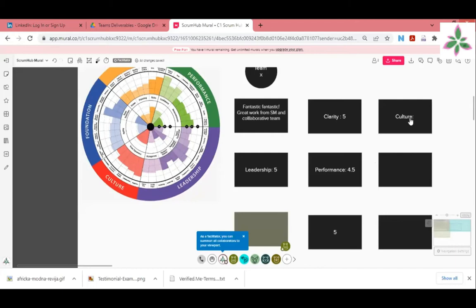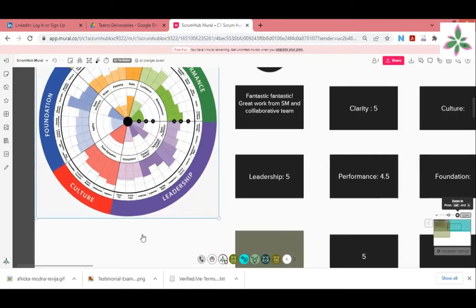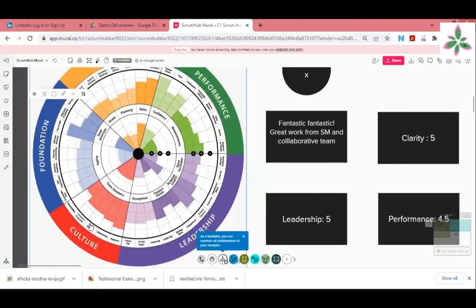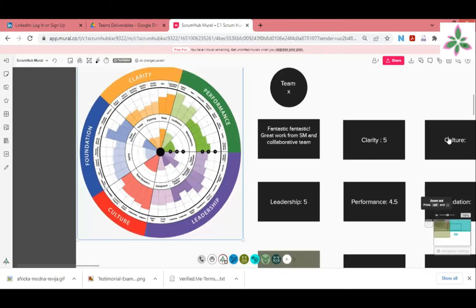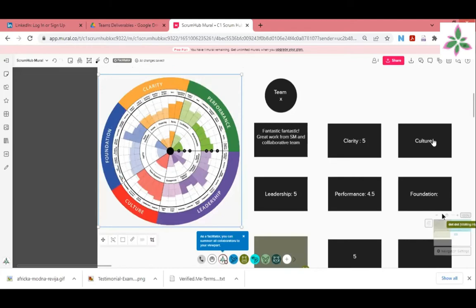This is the one for culture, and then this is the one for foundation. What does culture mean? Culture means that there is a culture of trust and respect, collaboration, happiness, accountability, creativity, and innovation. Okay, has someone voted for culture? No, not yet. Okay, someone put 4 for culture.